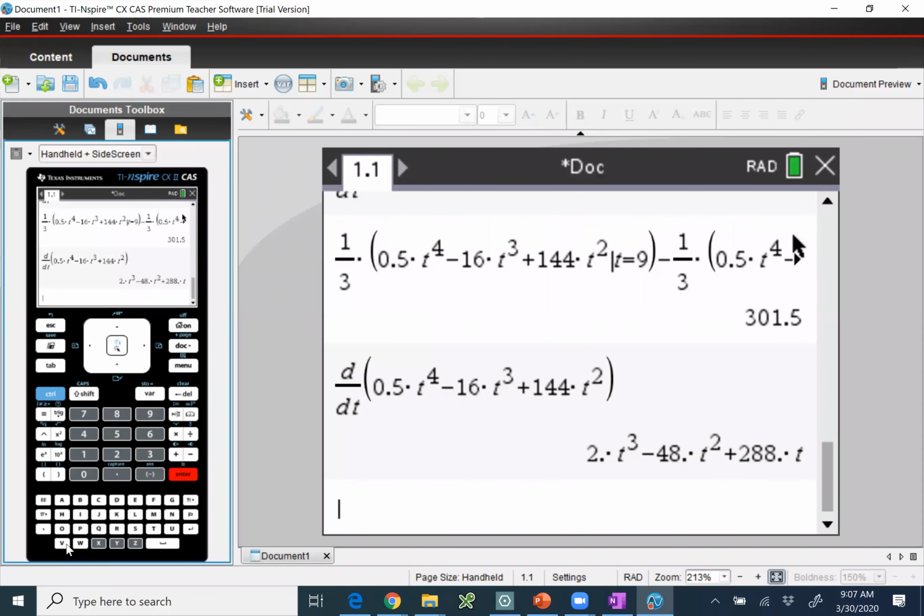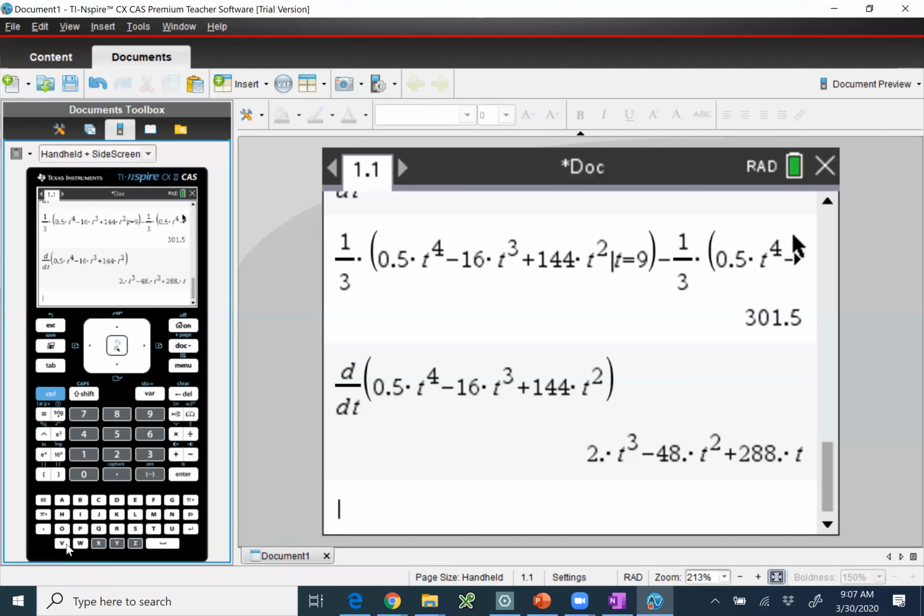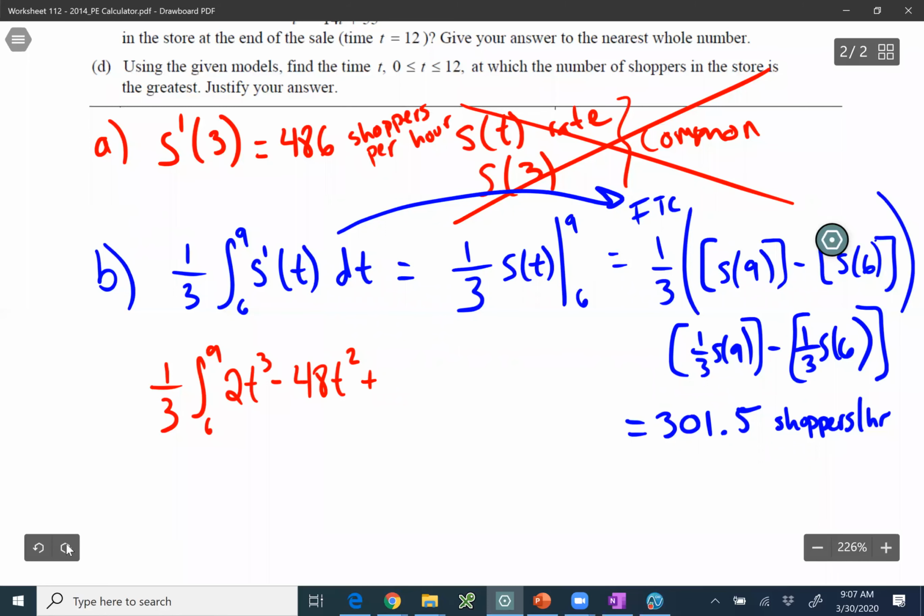And when we do that, we get 2t cubed minus 48t squared plus 288t dt, right? That was the derivative.